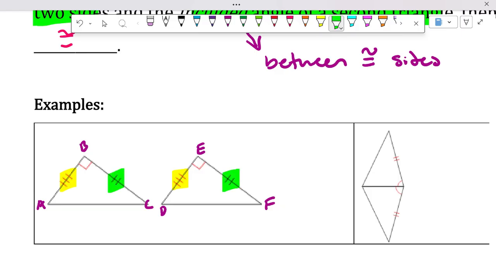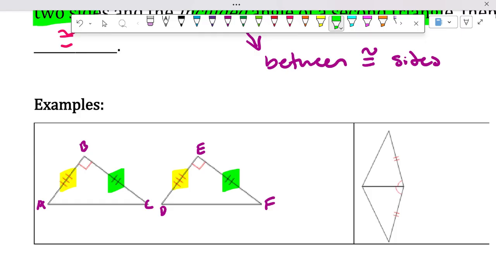So there's our two congruent sides. Now, I'm looking for the congruent angle to be in between these two sides. In other words, it's going to be the angle that is formed when you connect these two sides. All right, that's another way you can think about it. It's the angle formed when you connect the two congruent sides. So that would be angle ABC and DEF.